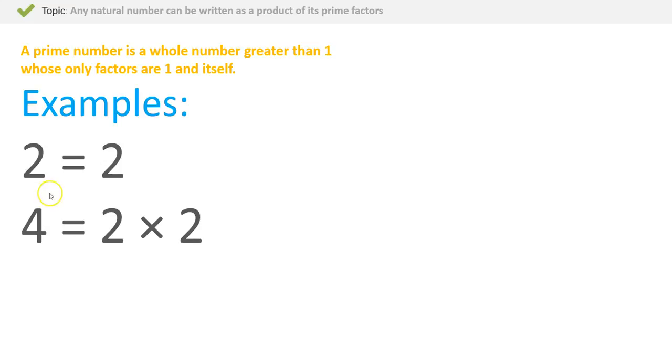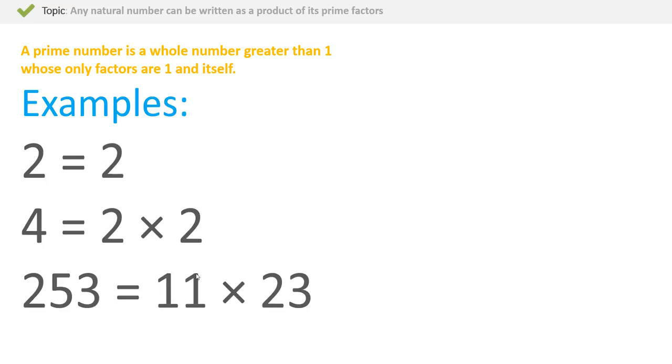We can express 4 as 2 multiplied by 2, and this 2 is a prime number, hence 4 can be expressed as a product of prime factors. Similarly, 253 can be expressed as 11 multiplied by 23, where 11 and 23 are both prime numbers, and hence 253 has been represented as a product of prime numbers.